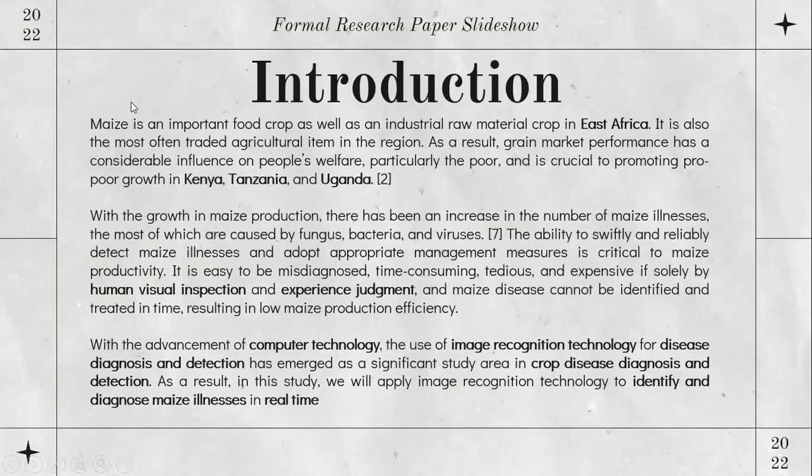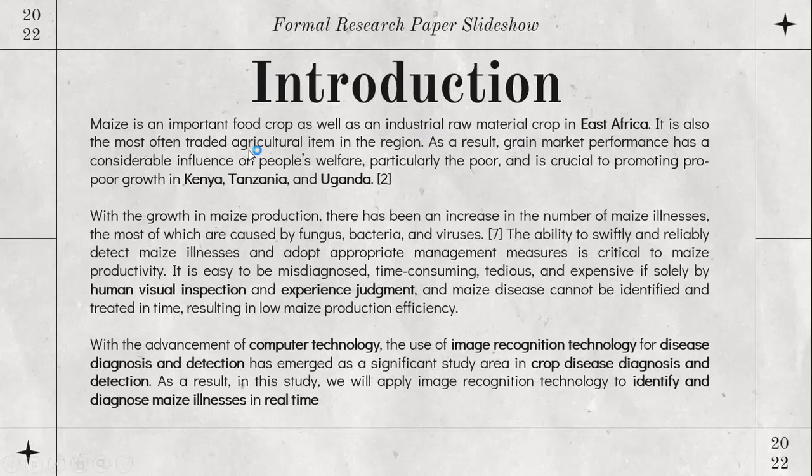Now, in the introduction, we can see that maize has been a great crop. Almost every household, not only in Uganda, but all around the East African region, has been consuming maize, or at least a product made from maize. I believe everyone has consumed a product from maize. Maize is an important food crop, and it is also used as an industrial material in East Africa.